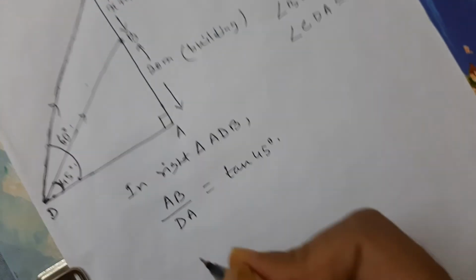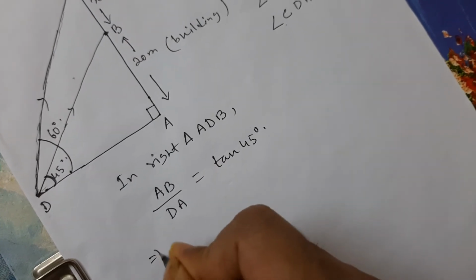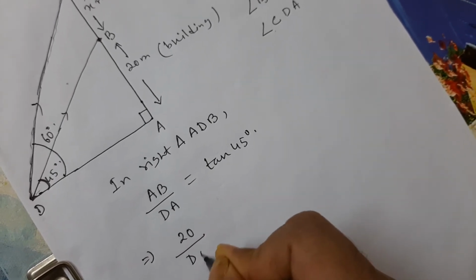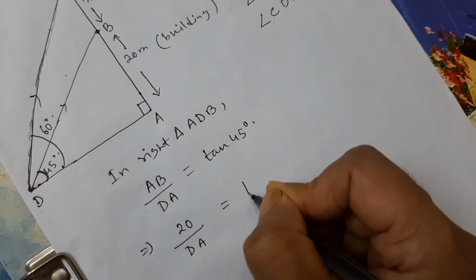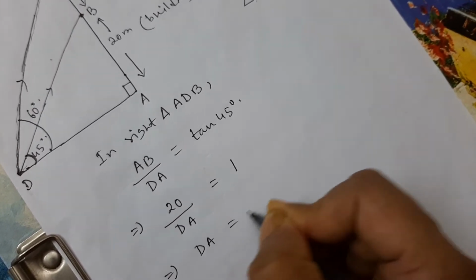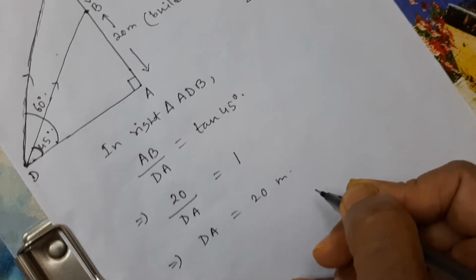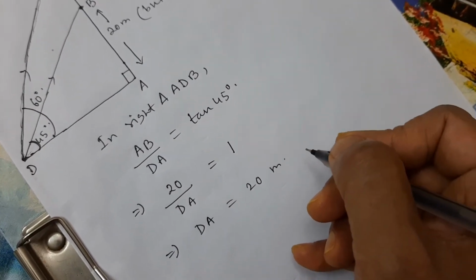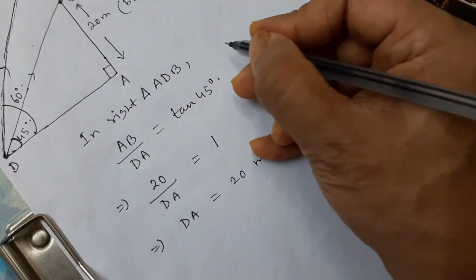AB is 20 meter by DA equal to tan 45, which is 1. So by cross multiply, DA equal to 20 meter. DA, that is the base, is 20 meter.